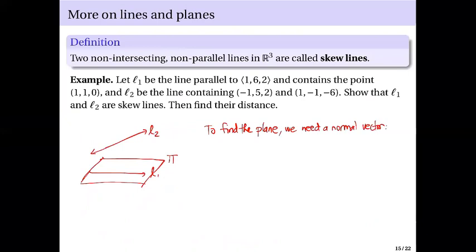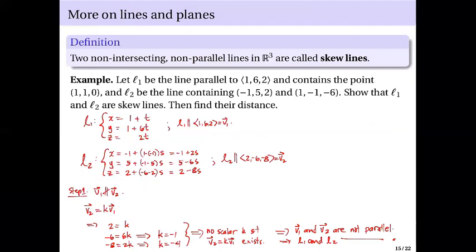This normal vector is obtained by getting the cross product of the vector v1 and the vector v2. Let's look at those vectors. So in here, this is your v1, this is your v2. Let me copy this.